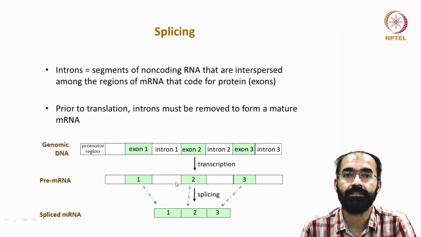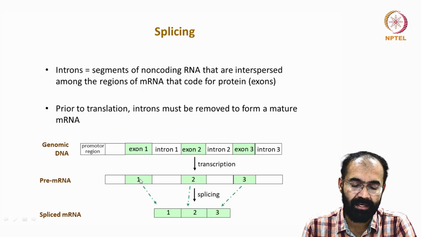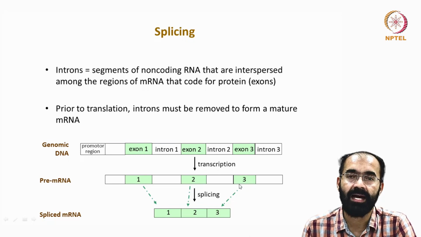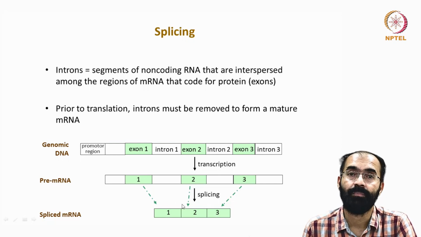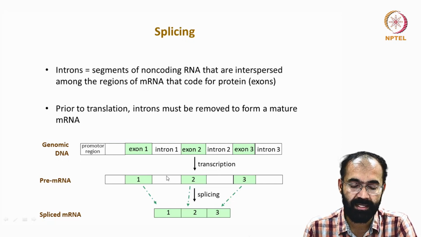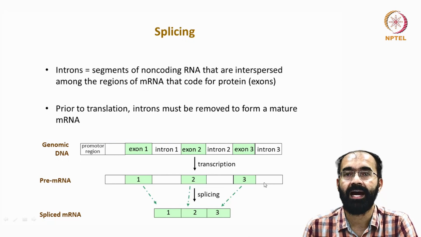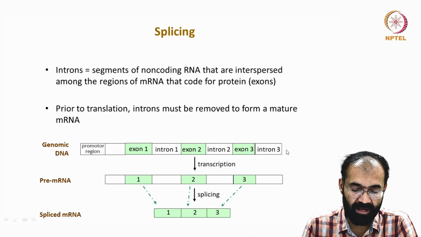That is, it is premature, and then it undergoes so-called splicing, where exon 1, exon 2, exon 3 are spliced together to form a mature mRNA, as you can see here at the bottom, whereas intron 1, intron 2 and intron 3 are removed. They are no more part of the mature mRNA. This is the basic principle of splicing.